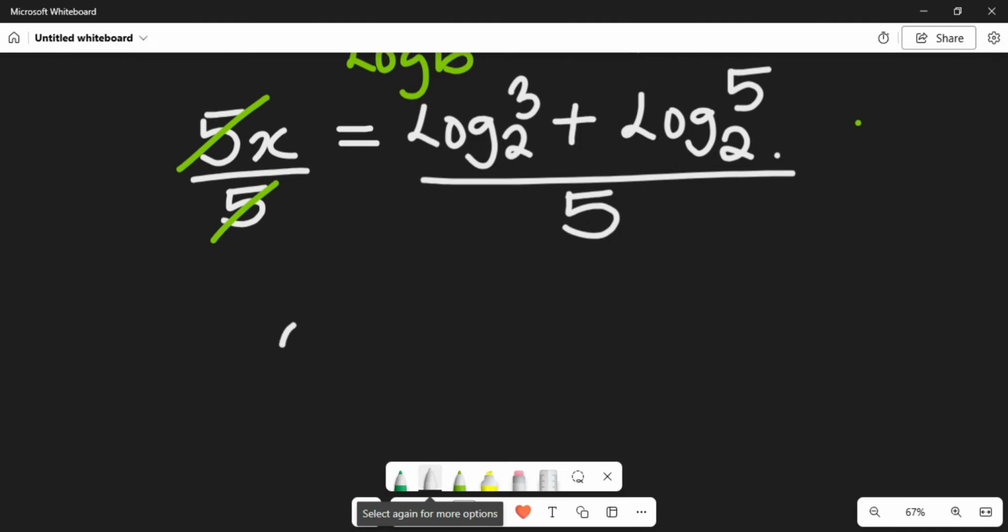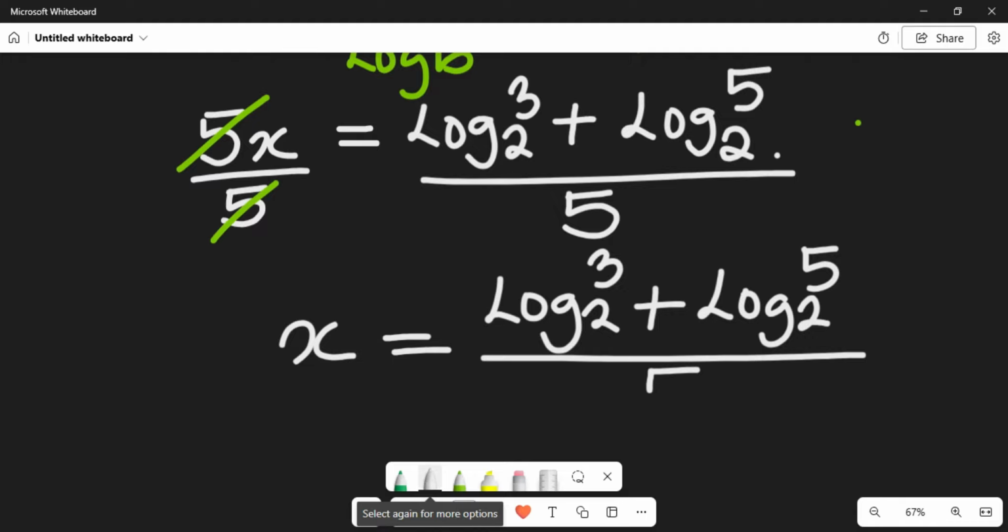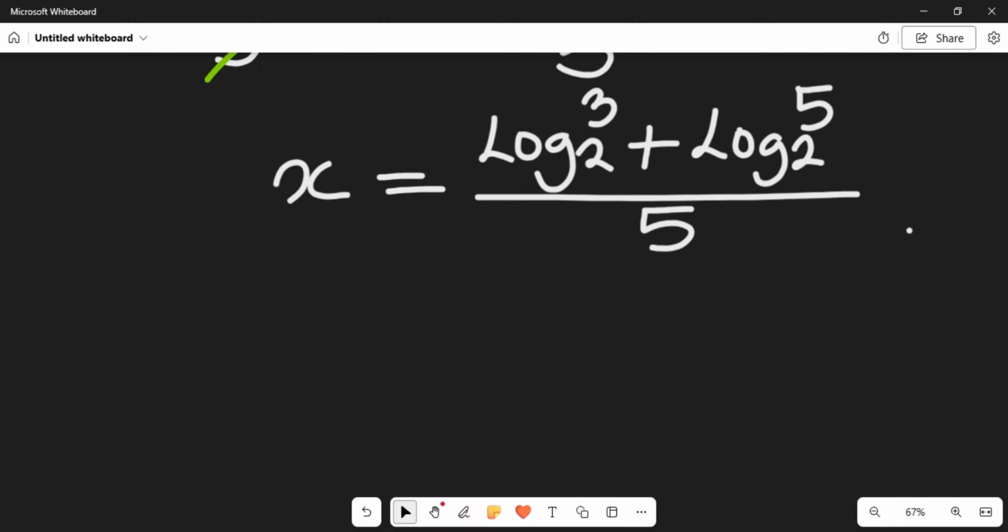And then the value of our x will now be equal to log of 3 base 2 plus log of 5 base 2, and all of these will be divided by 5. Great. And this is the solution to that math expression given to us.